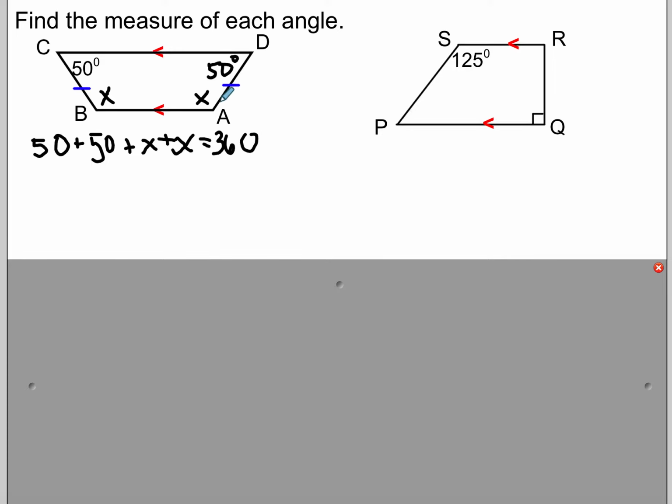Okay, so this is 100, so I need to subtract 100 from each side.